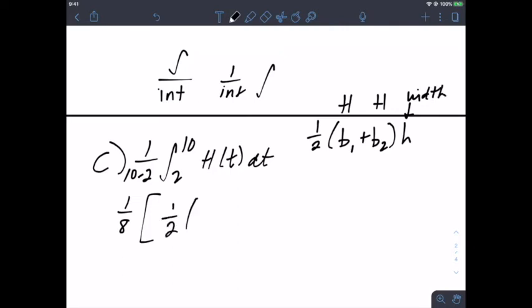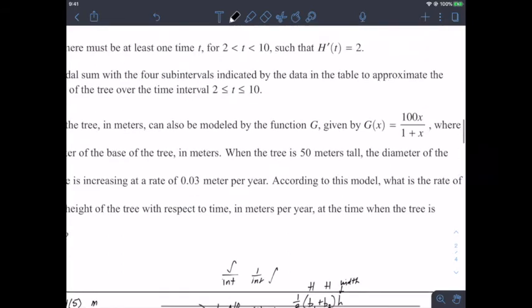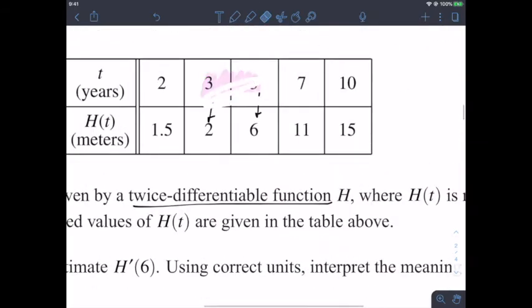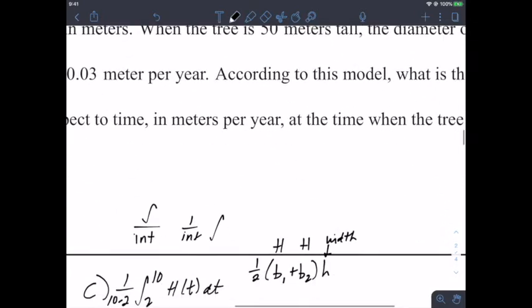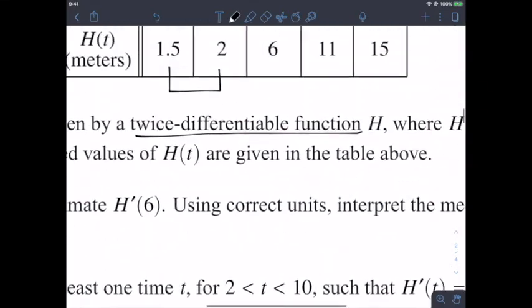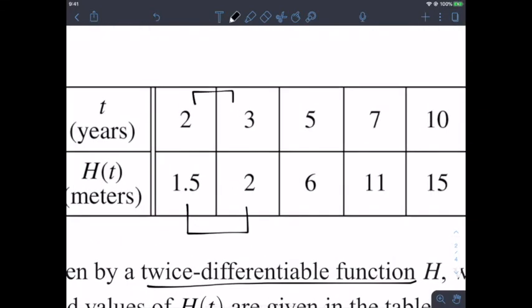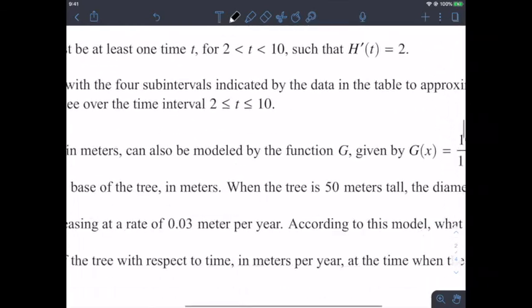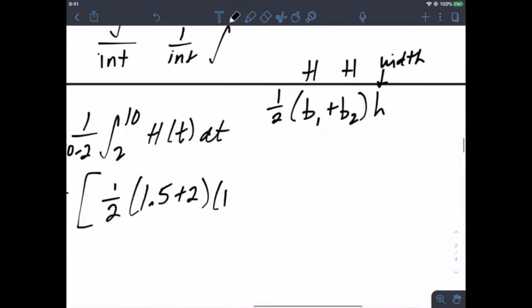So 1/2 times, in the first one, we're going to add the bases of 1/2 plus 2, or 1 1/2. Let me rewrite that. 1.5 plus 2, and we're going to multiply by its width. So its width here is just 1.